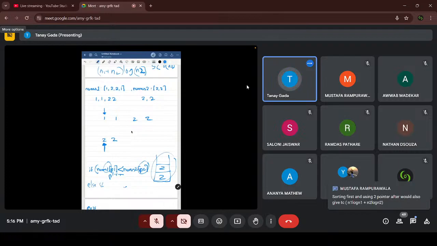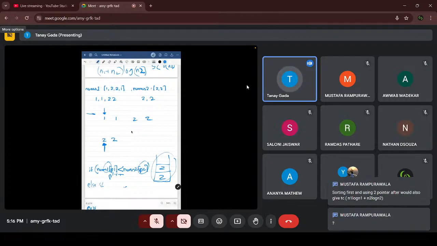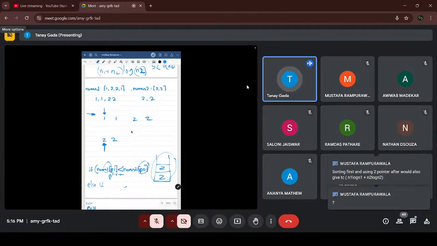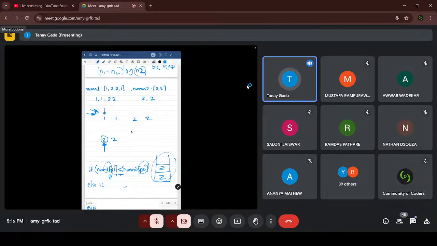Considering from this nums1's point of view, it sees that there is a 2 here and it knows that this array is sorted. So 1 should have been before 2 or it is not there, right? So it can't do anything, it just moves ahead. And this 2 knows that 1 and 2 might be ahead because it is sorted, so it would tell him just to increment this pointer.